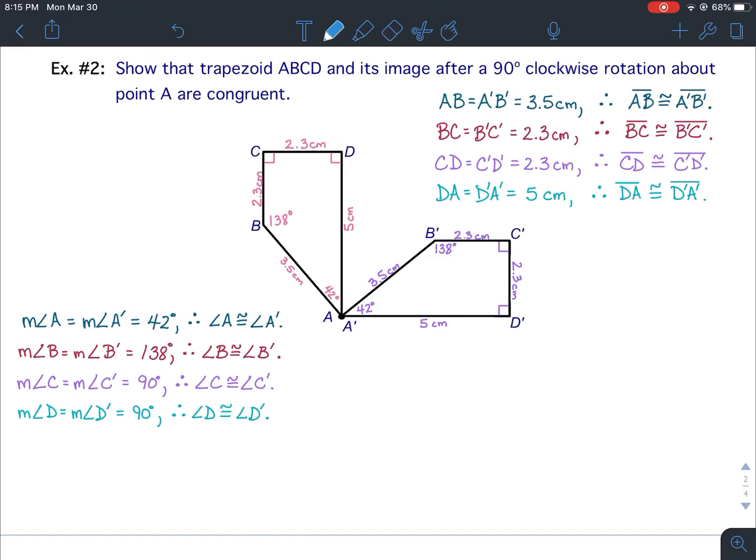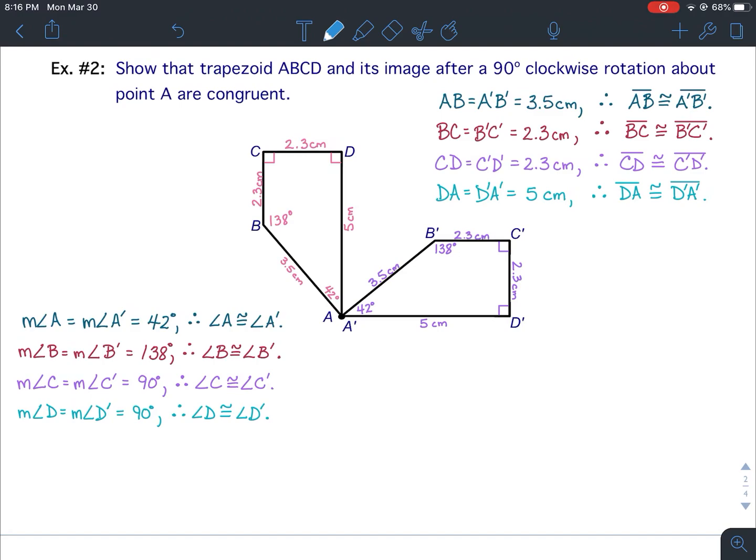It says, show the trapezoid ABCD and its image after a 90-degree clockwise rotation about point A are congruent. Remember from the other lessons, to truly prove that it was congruent, I would have to give you a ruler and a protractor, and you'd have to do all the measurements. It's very time consuming, and since we're not in school, it's just not possible.